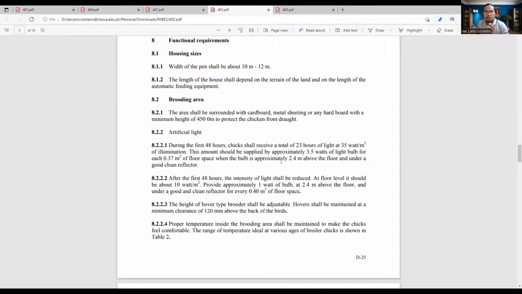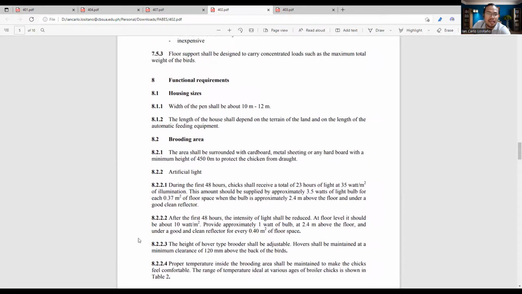facility, okay? The hatchery where the eggs are hatched is a different design, and this is beyond the coverage of the available standards or criteria that there are. Okay, we're still waiting for such a standard to be released by the authorities.